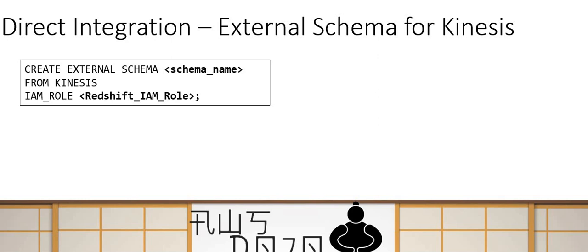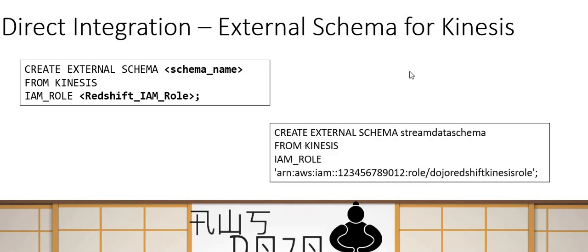This is how the syntax looks like. And if you want to see an example, this is how the example looks like. Create external schema, here's my schema name, from Kinesis IAM_ROLE, and here is the ARN of the IAM role which we created earlier. And then this schema represents Kinesis.